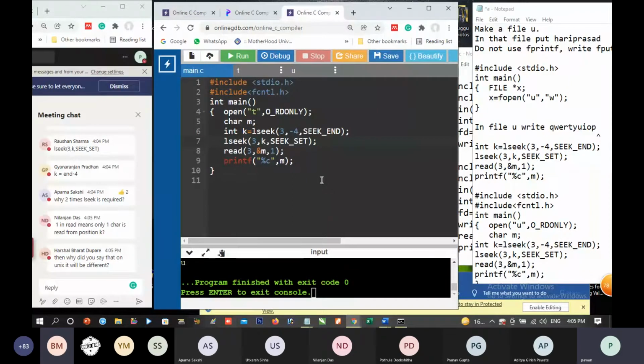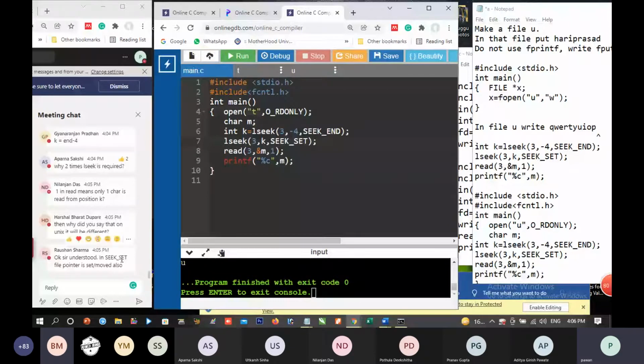Yes, I will explain it. The reason is this. In SEEK_SET, the file pointer is moved also. In SEEK_CUR also it is moved, provided that a positive argument is given. When a positive argument is not given, then it does not move. Is this correct? Yes.